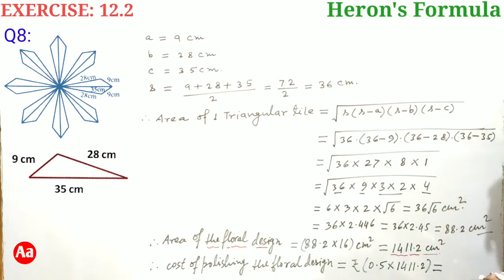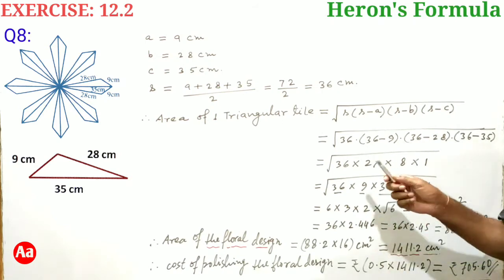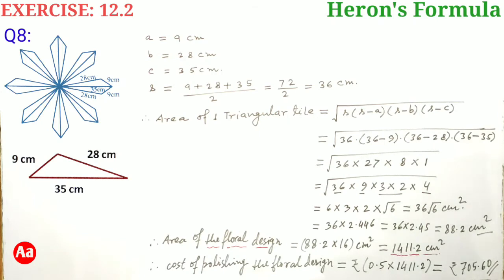So this is equal to rupees 705.60, and this is the cost of polishing the floral design having 16 triangular tiles of this given dimension. So this is the answer.